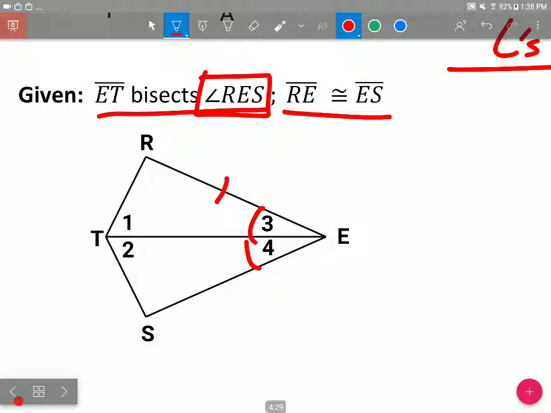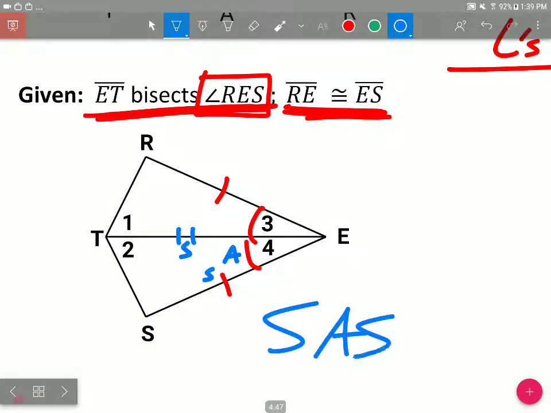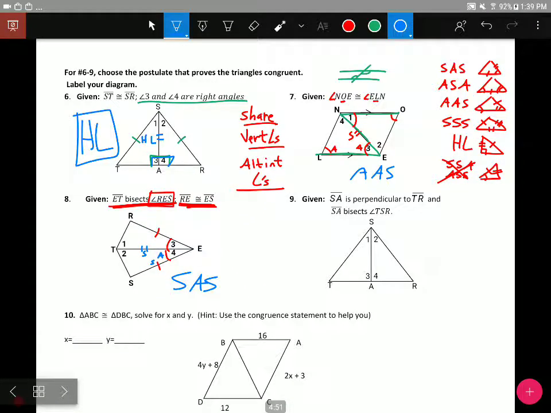So yeah, we could mark this one, but not because of this, because of that. All right, so we got two pieces of information. We've got the sides and we've got the angles. So here we have a shared side. So we have a side and a side with an angle between. So that's a side angle side. Remember the side angle side is okay, but two sides with an angle on the outside, not okay.